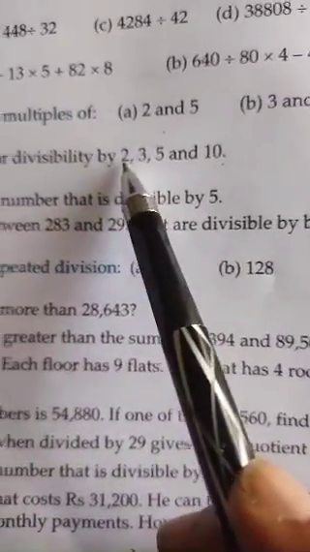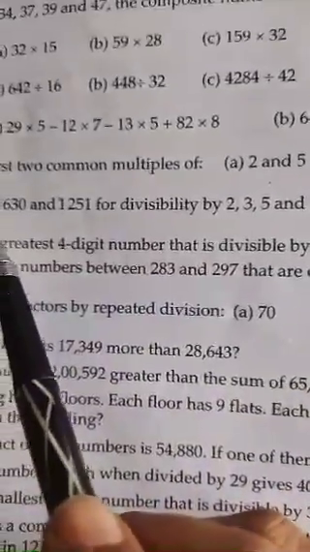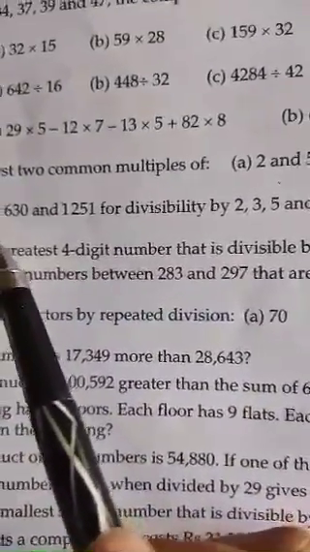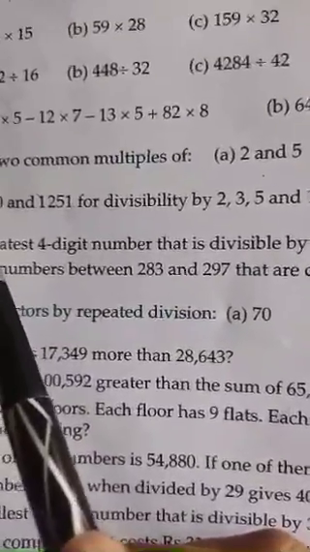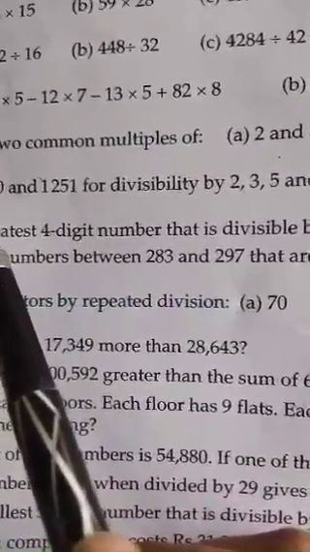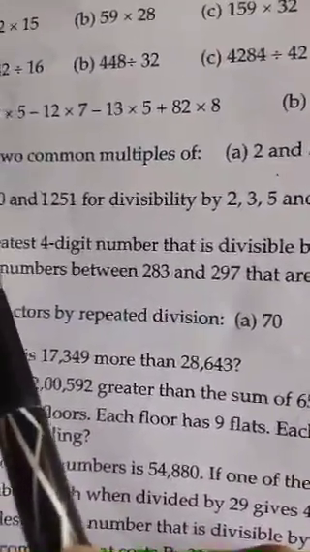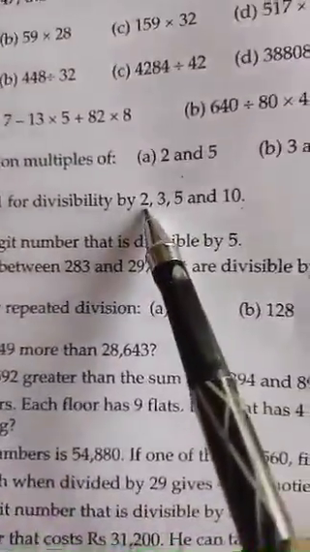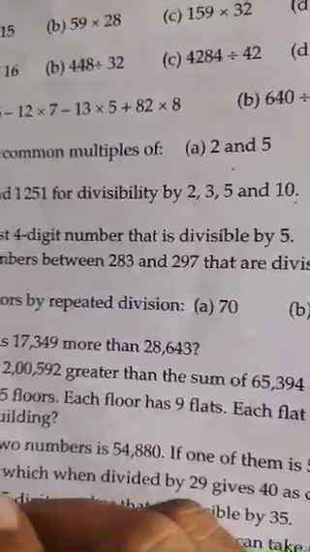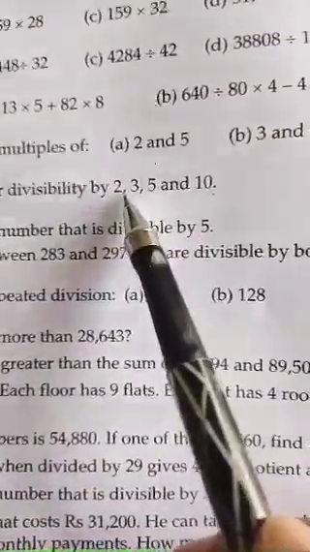In this you have to divide this number by this, and if the remainder is 0, then we will write yes it is divisible, or if there is some remainder, then we will write it is not divisible.